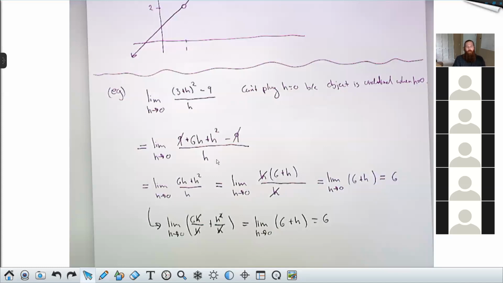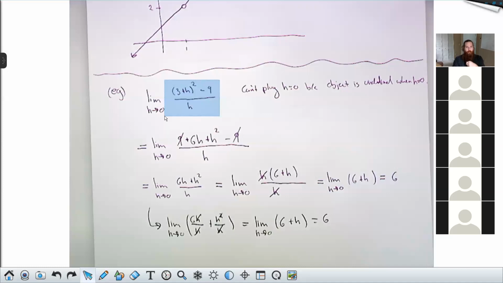I see what you're saying, right? If we lose information when we cancel, why are we canceling? The only information that's lost is the value of the function at 0. So this guy doesn't exist at 0. He doesn't have a value at 0. There's a hole at 0. And what we're trying to figure out is what's the y value of that hole.